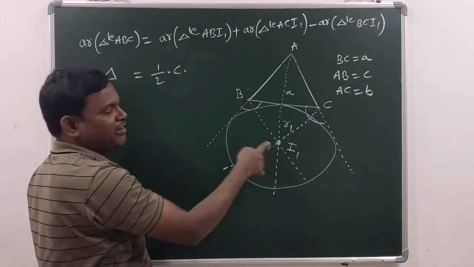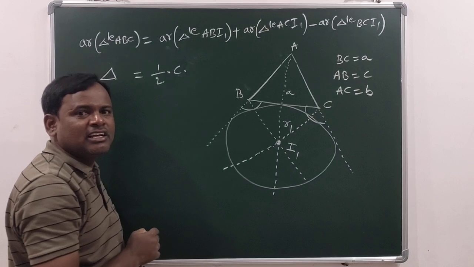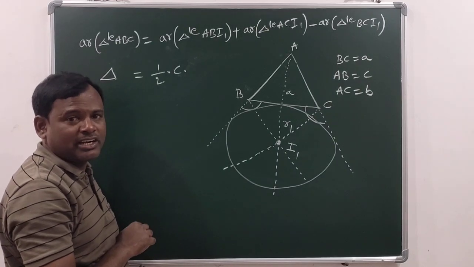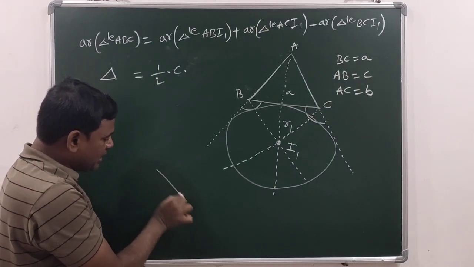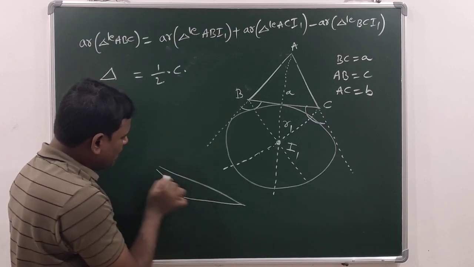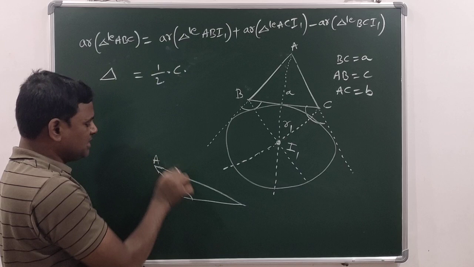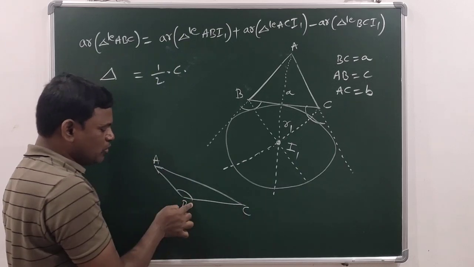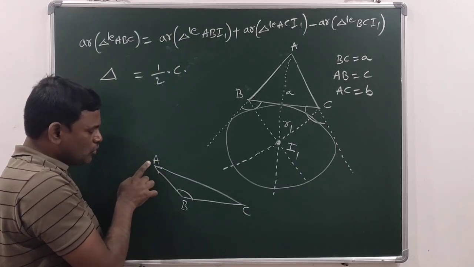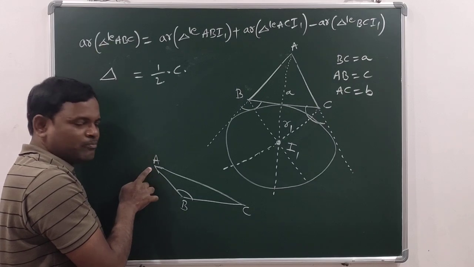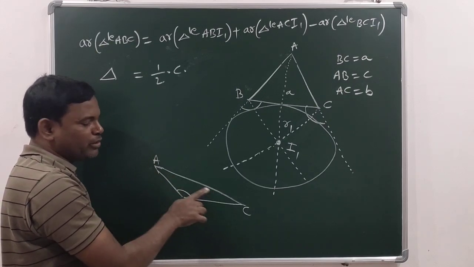So here observe this ABI1 triangle, that is an obtuse angle triangle. So for an obtuse angle triangle, you know we will get the altitude outside of the triangle. Suppose if it is triangle ABC, if the obtuse angle is located at vertex B, then from vertex A you cannot draw the altitude inside.